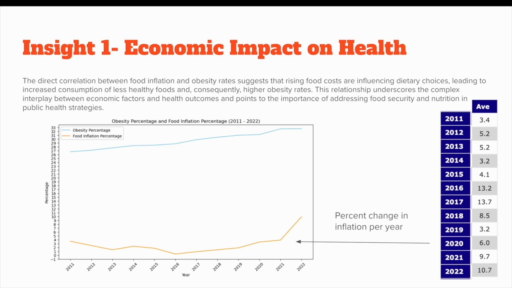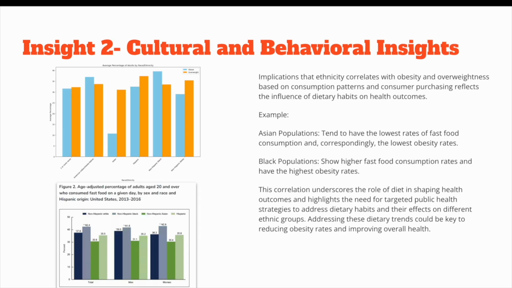This shows a direct correlation between food inflation and obesity rates, which suggests that rising food costs are influencing dietary choices, leading to increased consumption of less healthy foods, which causes higher obesity rates. This underscores the relationship between economic factors and health outcomes, and points to the importance of addressing food security and nutrition in public health strategies.